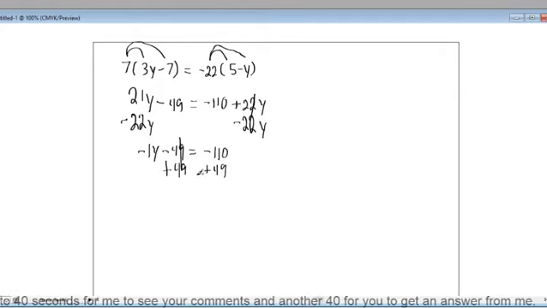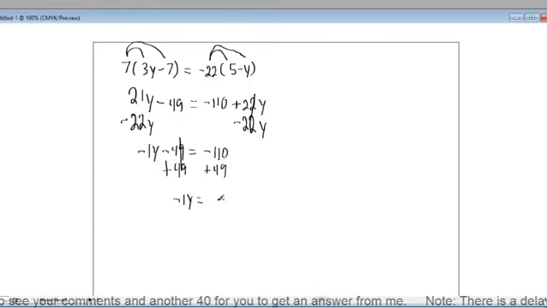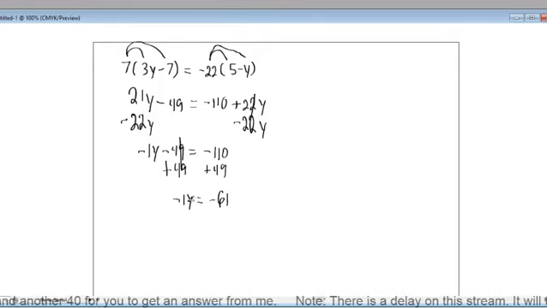So that cancels here. We get negative 1y equals negative 61. Then there's actually another step here, and that is I need to get negative 1 off of the y. So if it's multiplying by y right now, I need to divide it off.